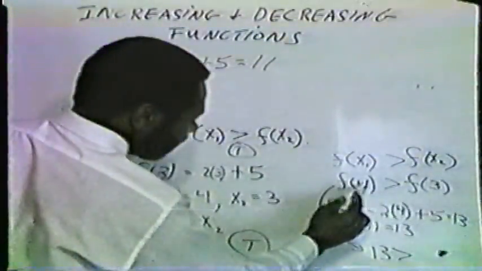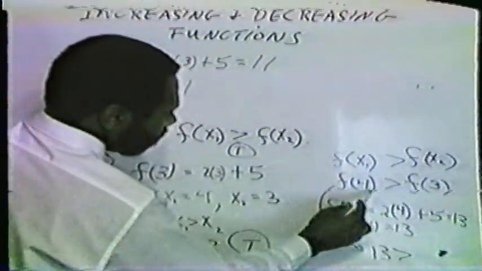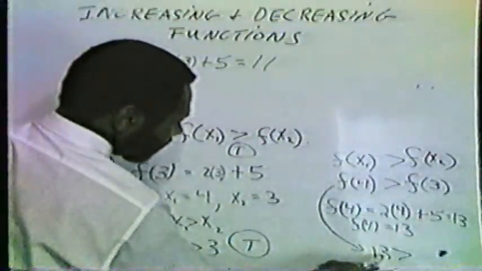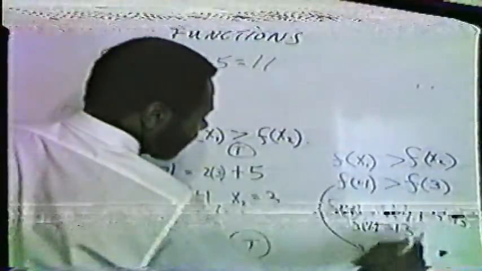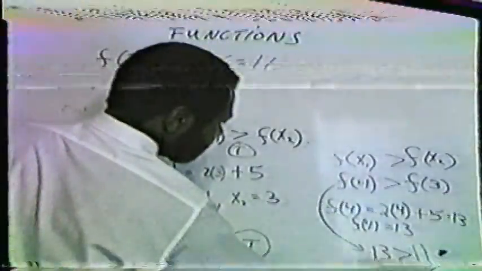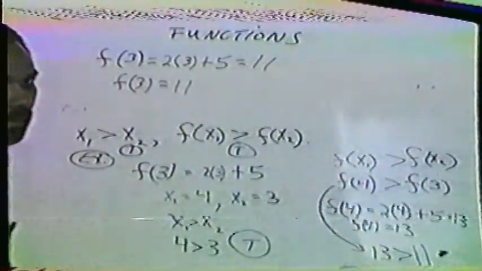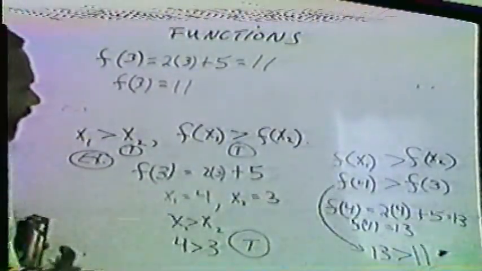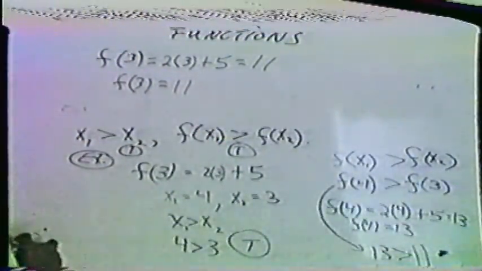Which means that here, where we have f of 4 is greater than f of 3, f of 4 was equal to 13, and f of 3 is equal to 11. So there we have 13 is greater than 11.